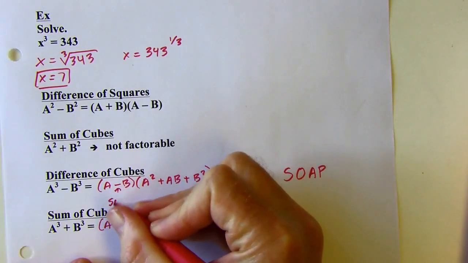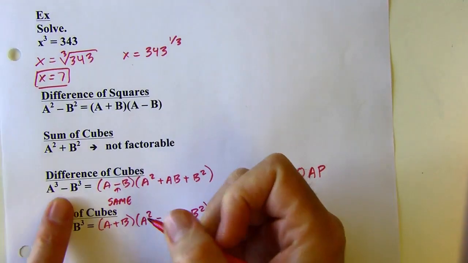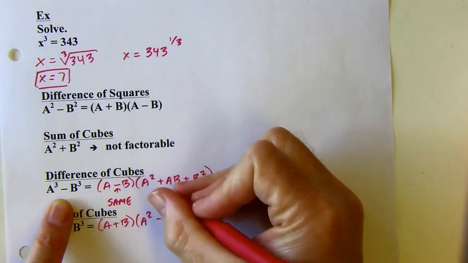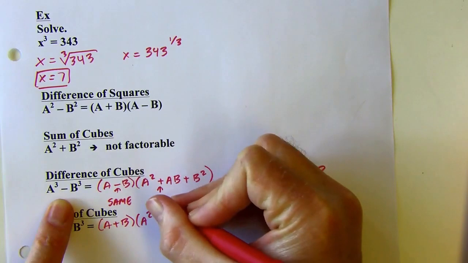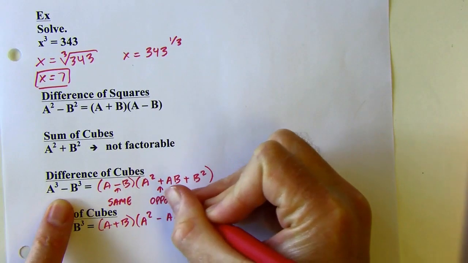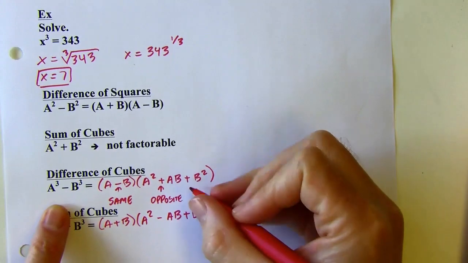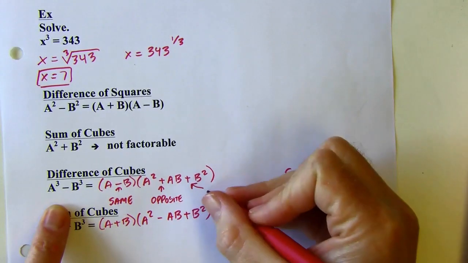This is the same sign, and I mean just the same as if it's a difference, so it's a negative, okay? The second one is opposite. So I changed my negative to a positive, okay? And the third one is always positive.